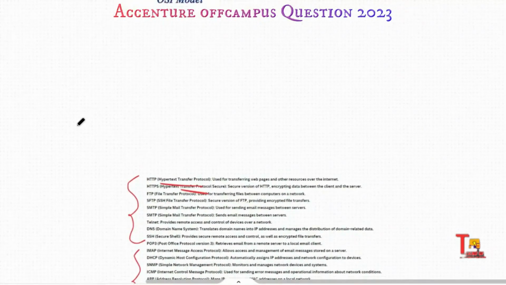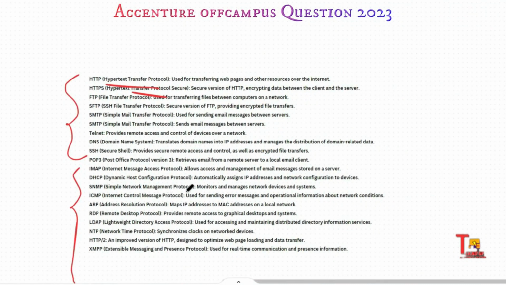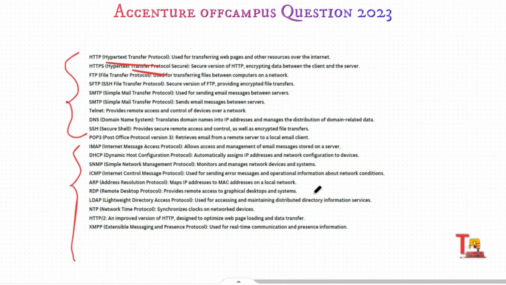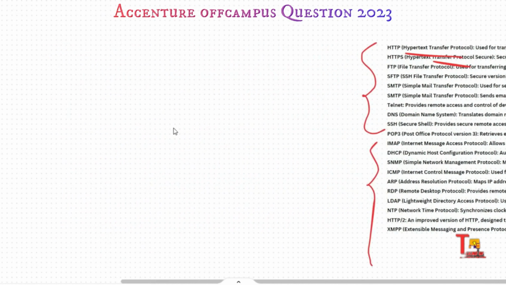SNMP, Simple Network Management Protocol, monitors and manages network devices and systems, right? And the function of Telnet is to provide remote access and control of devices over the network, right?